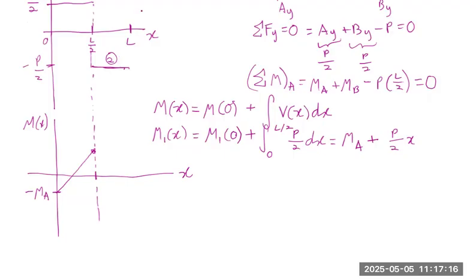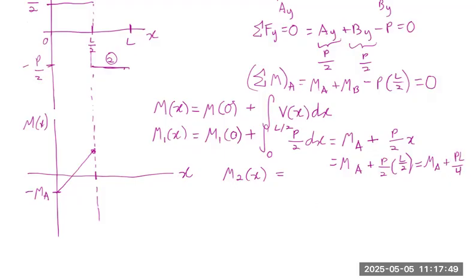Now we can find for our second segment what it's going to look like. Basically, M2(x), which is our second segment over here, is going to be equal to the moment value at this point, which is equal to MA plus P over 2 times L over 2, which is equal to MA plus PL over 4.